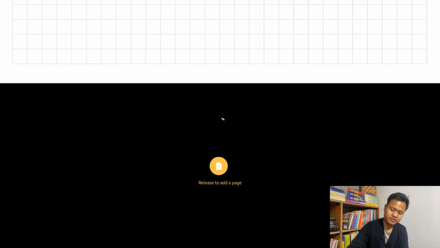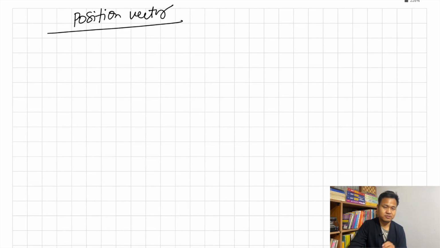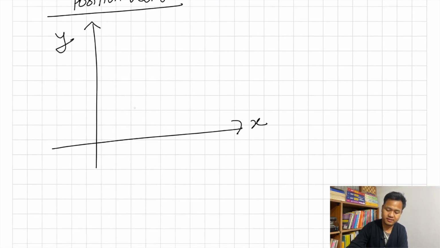Next you have something called the position vector. What is a position vector? Any point you take on the Cartesian coordinate system can be represented as a vector. For example, I have x and y axes, with markings 1, 2, 3, 4.